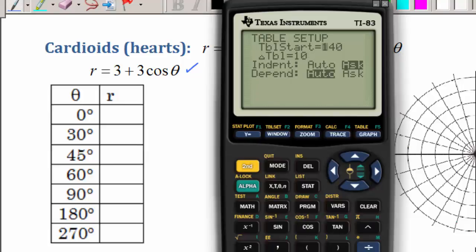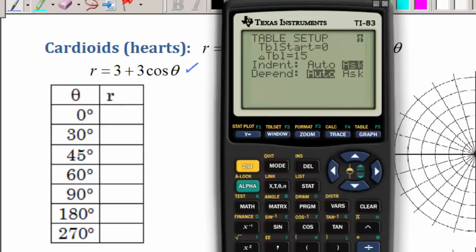So I want it to start at 0, and I could count maybe every 15 degrees. And then I want it to say auto. That will automatically populate all these things every 15 degrees. Or you can leave it as ask and type in the numbers you want. That might be a good thing. So let's just say ask.